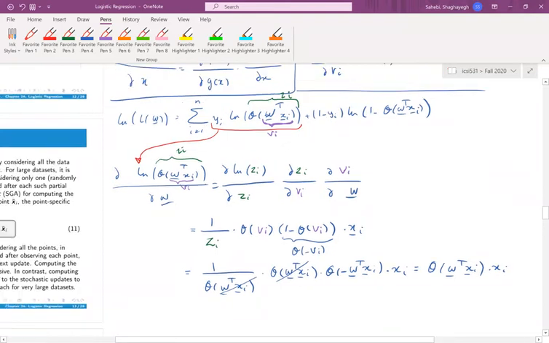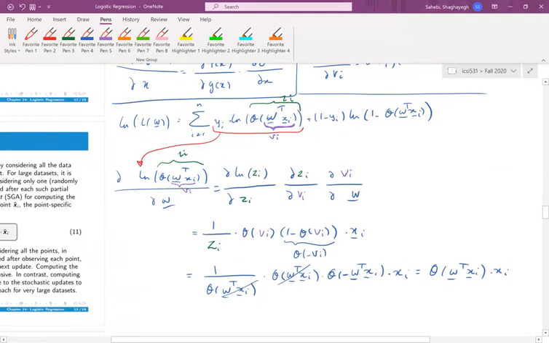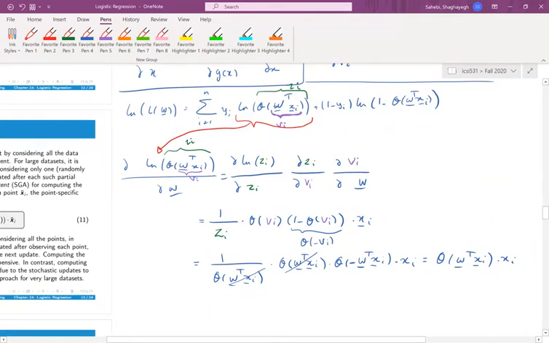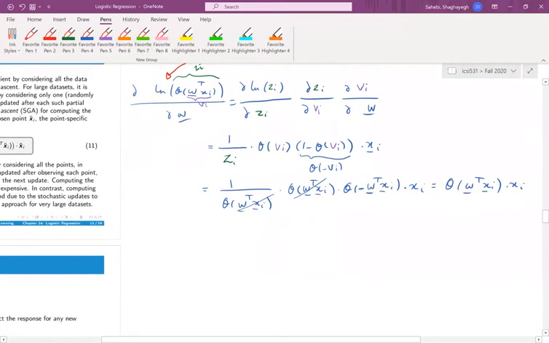So what is this? This is the derivative of this ln of theta of W transpose Xi. So the derivative of this green part will be equal to yi times theta W transpose Xi times Xi.